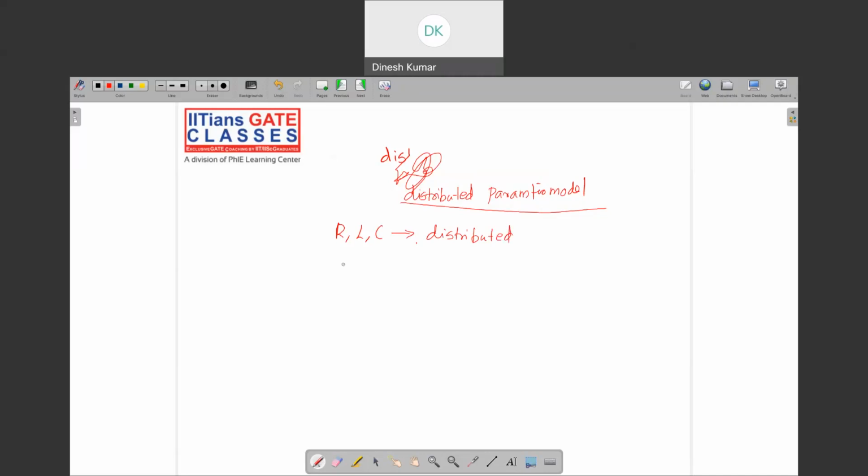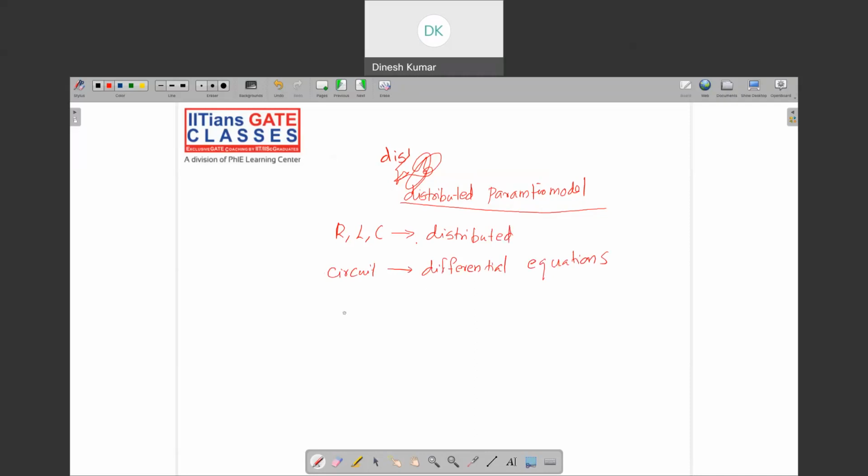In the sense, if you represent this as a circuit, we will get differential equations. This is the most important part. Instead of linear equations, as in the case of a lumped system, here we will get a differential equation.